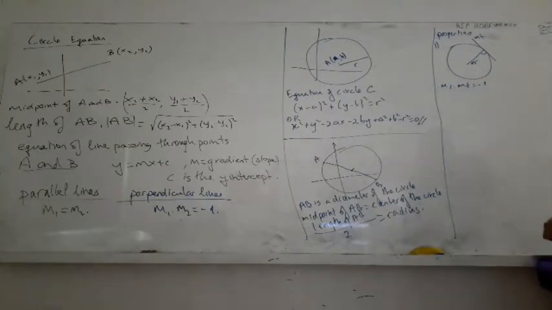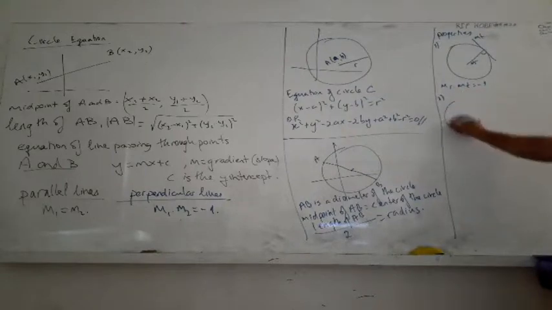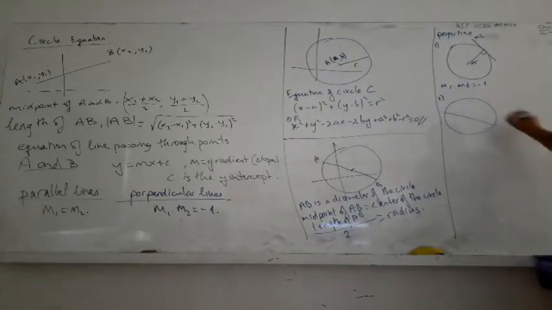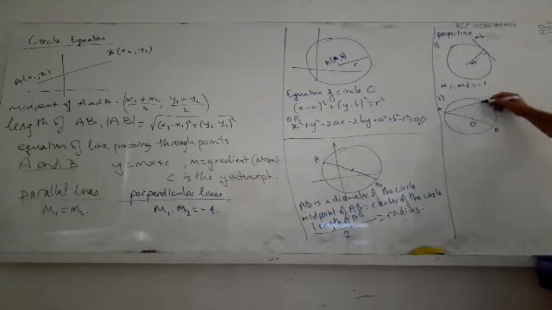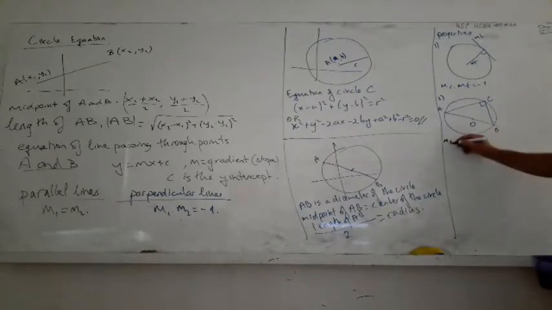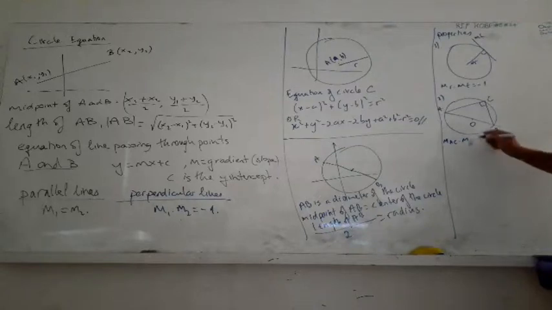If AB passes through the center and is a diameter, then angle C, which is on the circumference, is always 90 degrees. So the gradient of AC times the gradient of CB is equal to, again, -1, because they are perpendicular to each other.